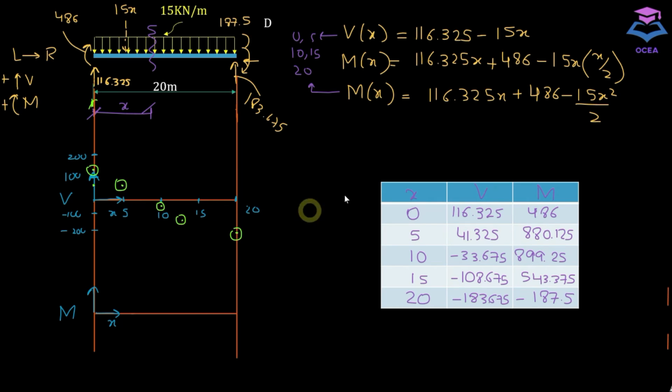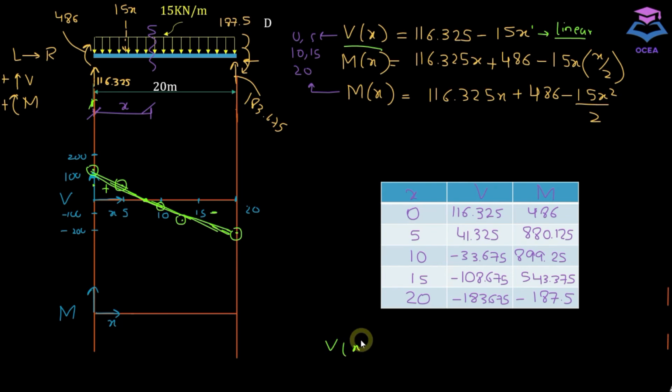If you notice, the power of x in the shear function is equal to 1, which means it's a linear function and it would be represented by a straight line. So if I connect them, this should be a straight line. This part is going to be positive and this part is going to be negative. To find this value, you just need to equate this equation to 0.